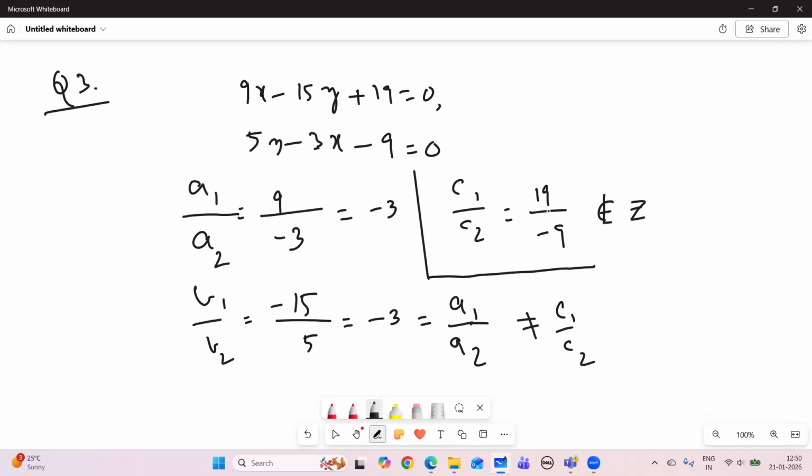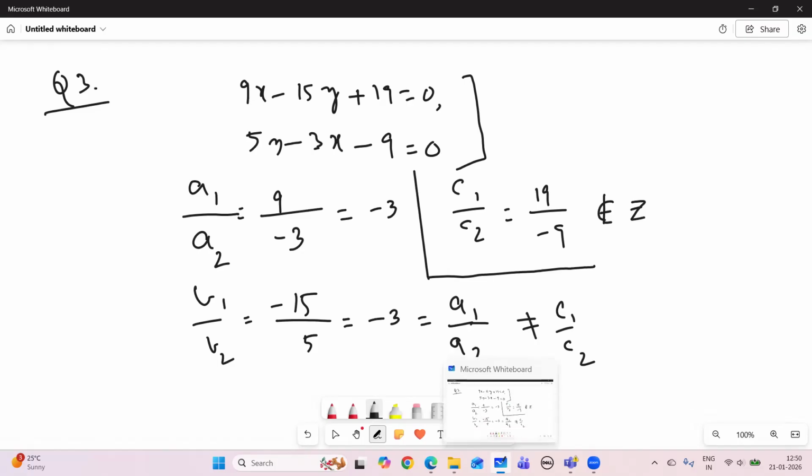9 cancels in 18 two times and 1 remains as a remainder. Therefore, this is not an integer. But a1 by a2 and b1 by b2 are integers. That's how a1 by a2 is not equal to c1 by c2, but these two are equal. So that's how this system represents a pair of parallel lines.